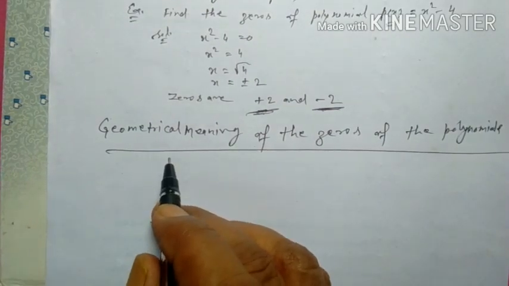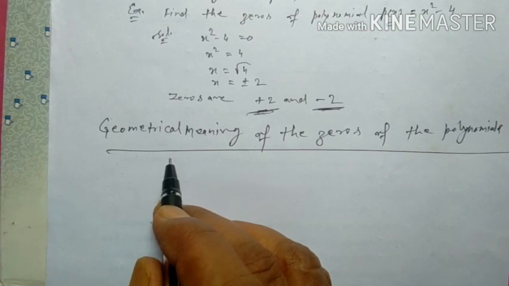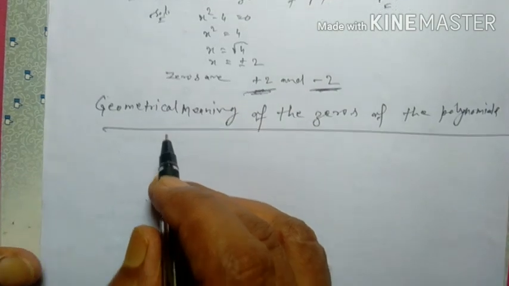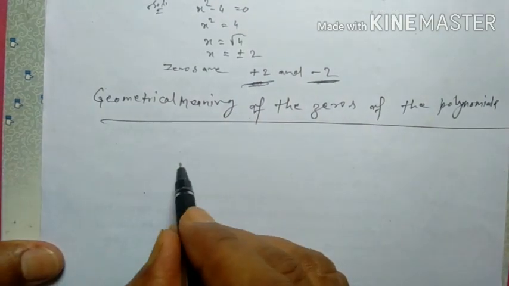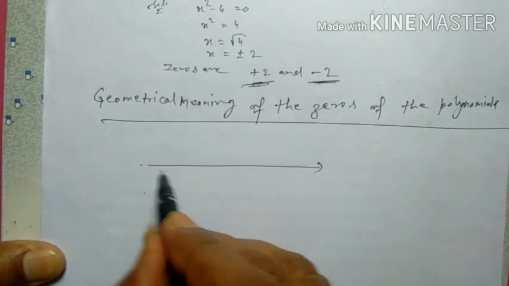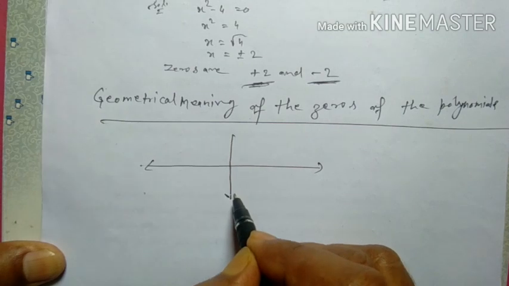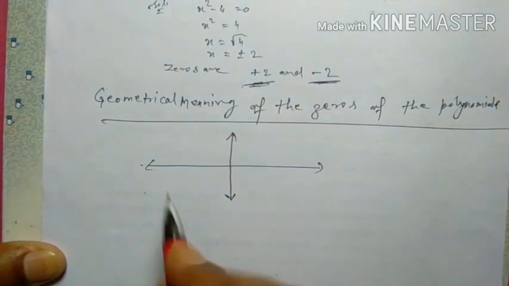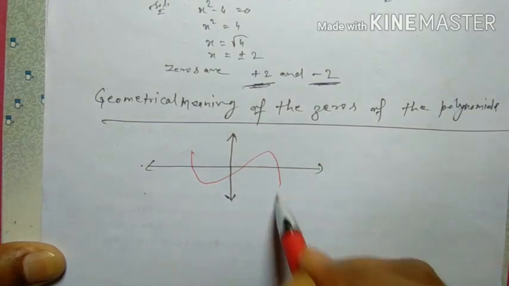Zeros of the polynomials are the x coordinates of the points where the graph of the polynomial intersects the x-axis. It means its geometrical meaning is where the graph cuts the x-axis, that will be the number of zeros.